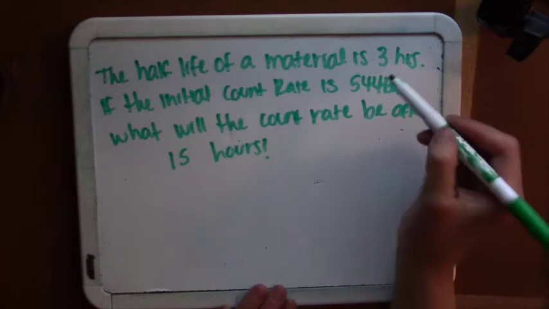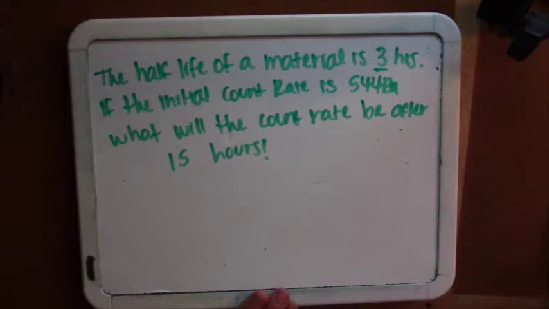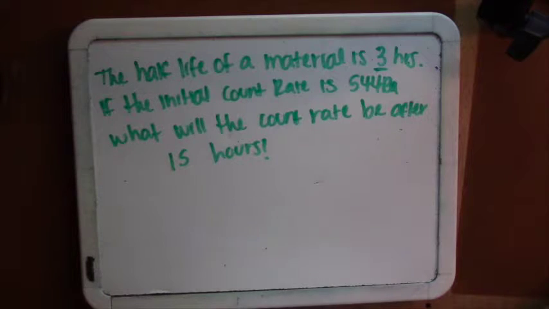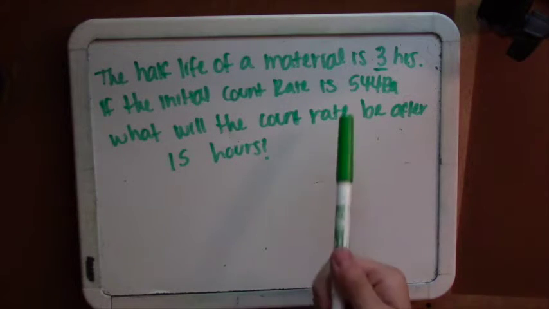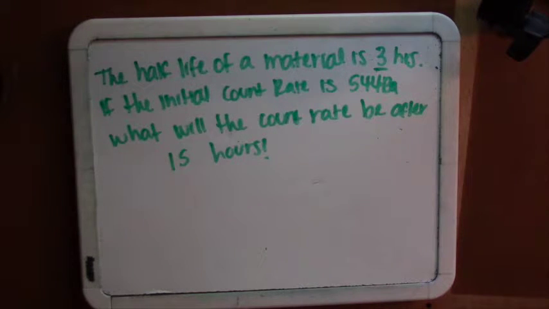The first one is the 3, and this represents the amount of hours it takes a certain material to undergo one half-life. The second super important number is 544 because this represents the initial count rate of the certain material.